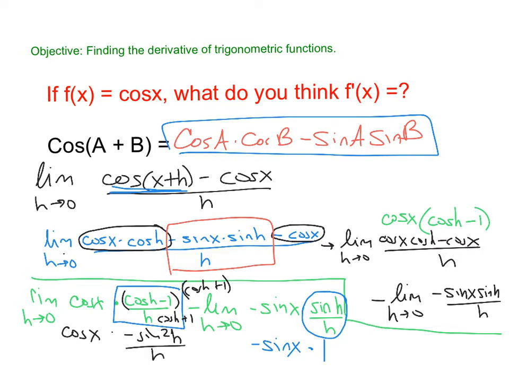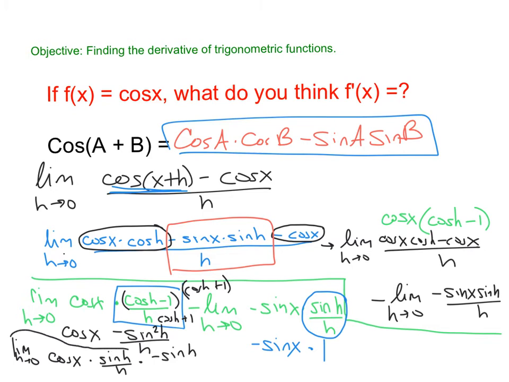Sorry, this is super messy. Negative sine squared of h all over h, which is cosine x times sine h over h, times negative sine of h. I know it's super ridiculous, I apologize.